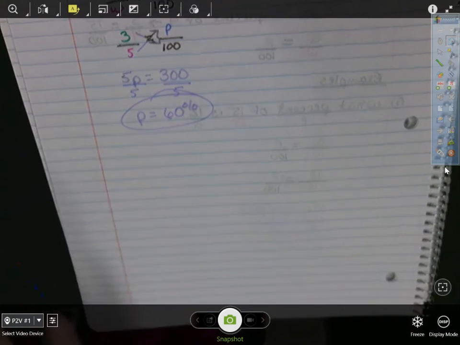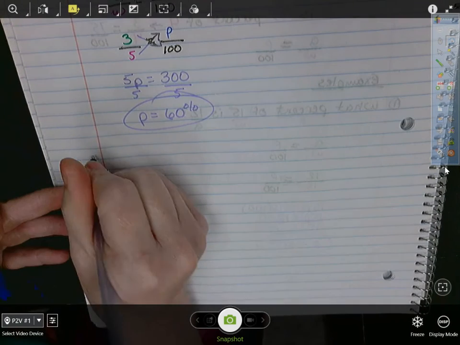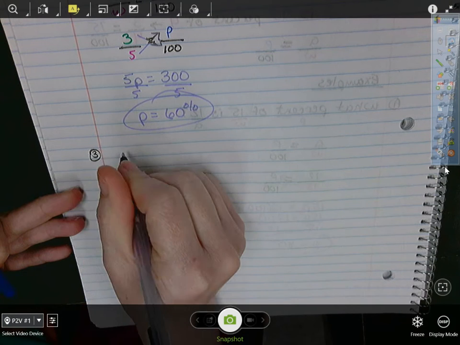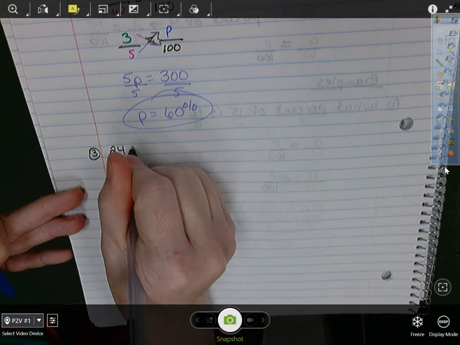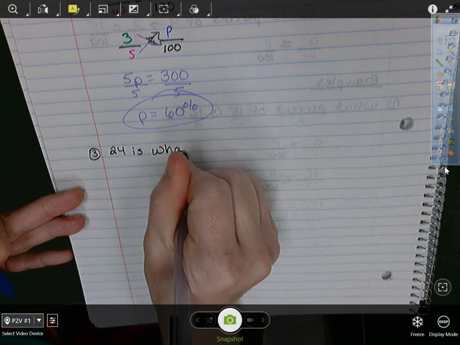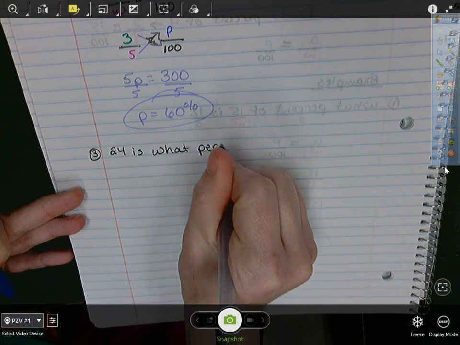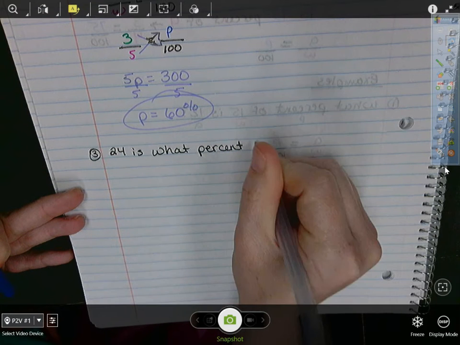Okay, so another example. 24 is what percent of 20?